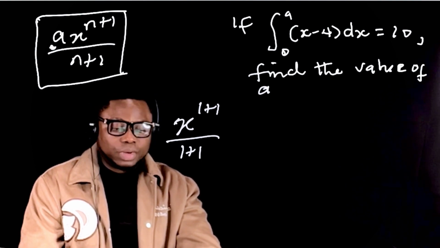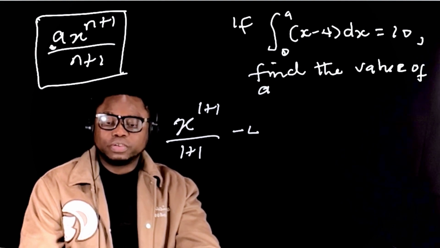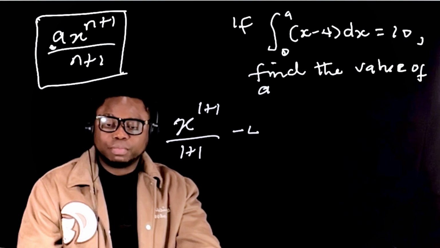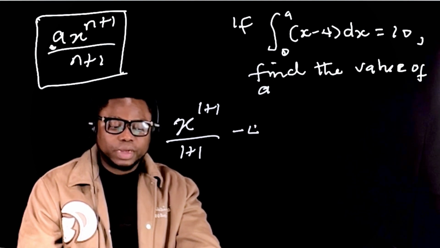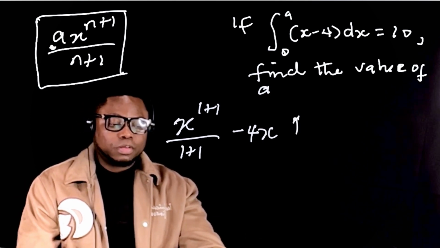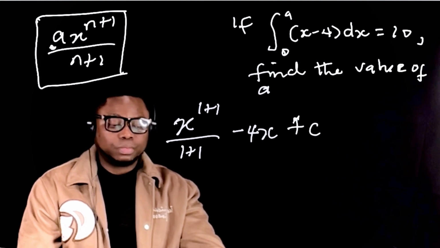So minus integrating 4, and you know that 4 is a constant. So integrating 4 here, I'm going to multiply 4 by the given variable. That's how to integrate a constant. So plus c, which is the arbitrary constant of integration.